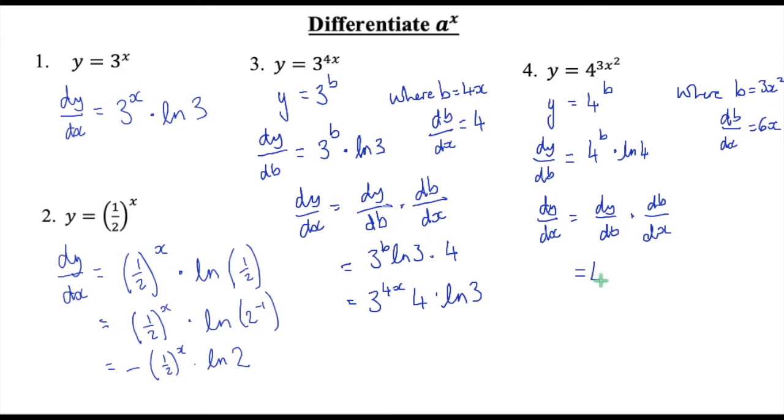I'm going to get 4 to the b ln 4 multiplied by 6x. That's this term here. Let's change back our b. And just by convention, we'll put this term first, so it's clear it's not inside the ln function. And that's our final answer.